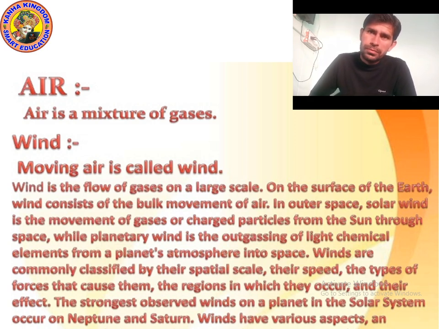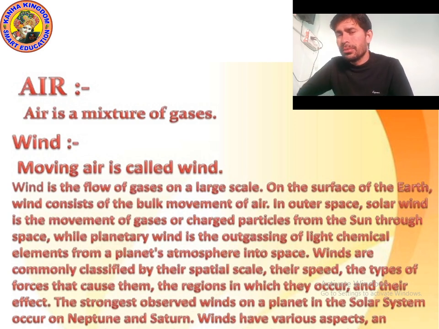If we talk about the surface of the earth, wind consists of bulk movement. But if we talk about outer space, solar wind is the movement of gases like hydrogen and helium. While planetary wind is the outcasing of the light chemical elements.